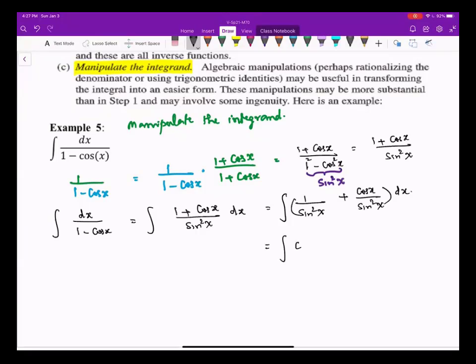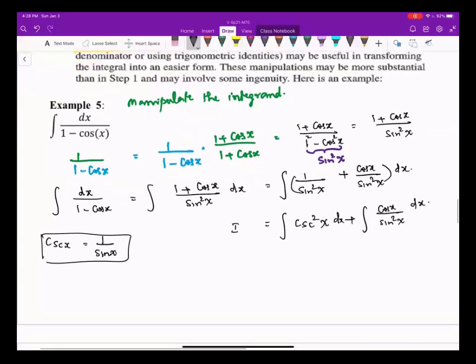This will become cosecant squared x, since the reciprocal of sine is cosecant. And plus, we can actually break this into two integrals. One like that. The second integral is cosine x over sine squared x dx.